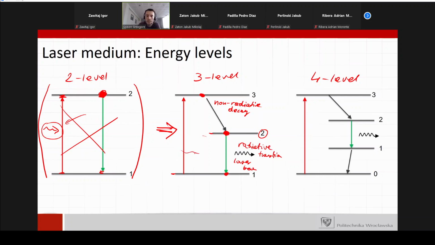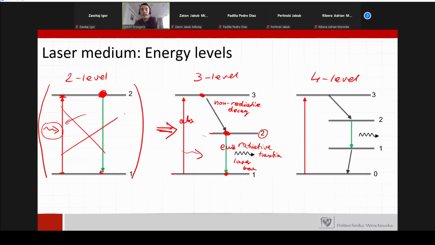So we have incoming photons, and we have the stimulated emission here. The absorption occurs between levels 1 and 3, and the emission occurs between levels 2 and 1. So we have two different transitions used for absorption and emission.